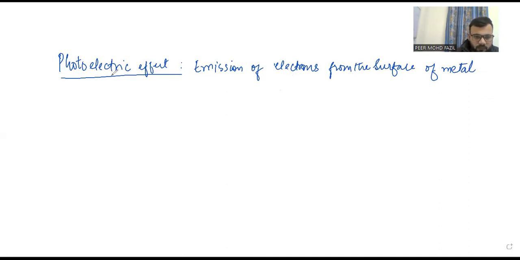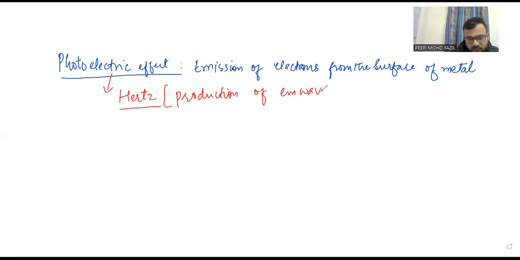Firstly, dear students, do remember that this photoelectric effect was studied by Hertz. I am not going into the detail of it, as it is not in our syllabus, just giving you a brief idea. Hertz was studying the production of electromagnetic waves by spark discharge.